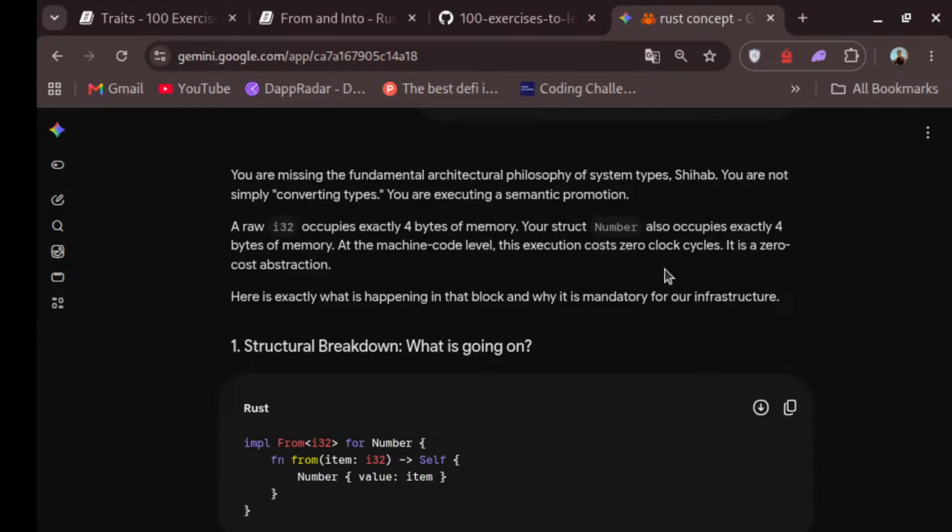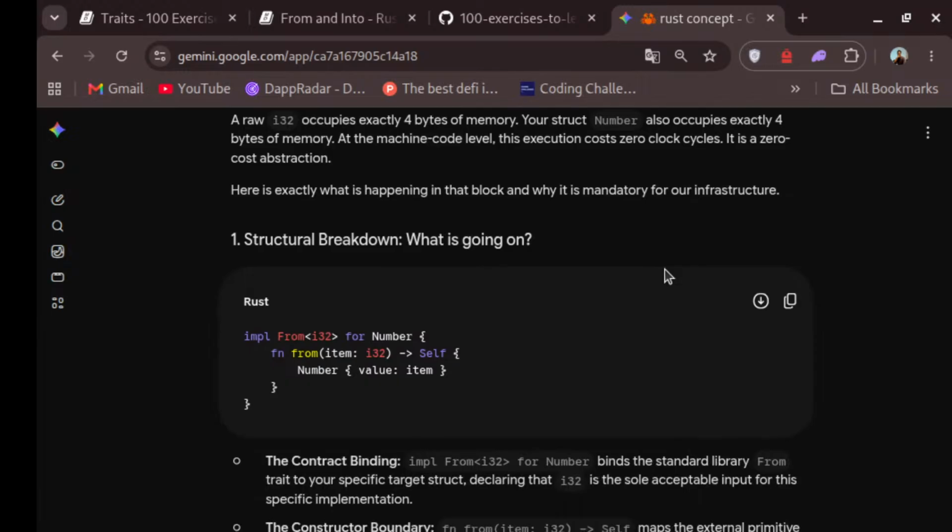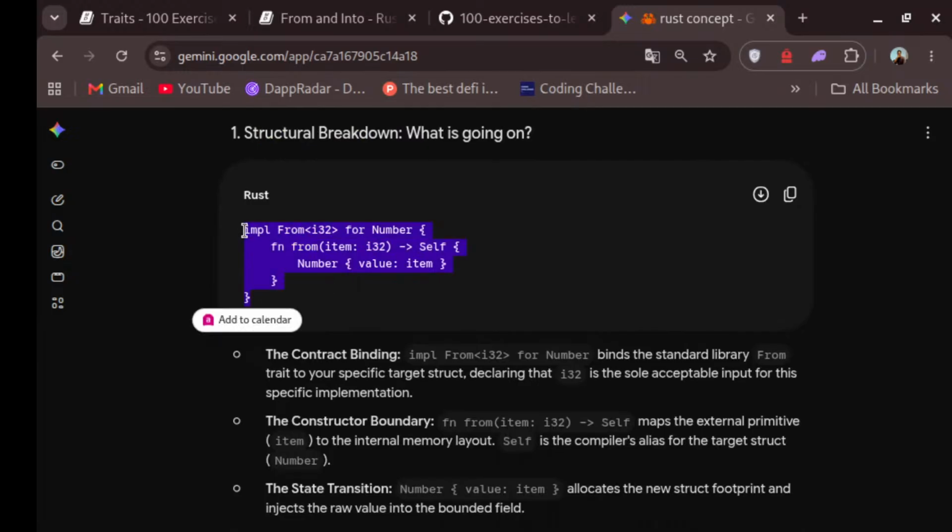At the machine code level, the execution costs 0 clock cycles, it is a zero-cost abstraction. Here is exactly what happened in the block: structure breakdown, what is going on in this part.